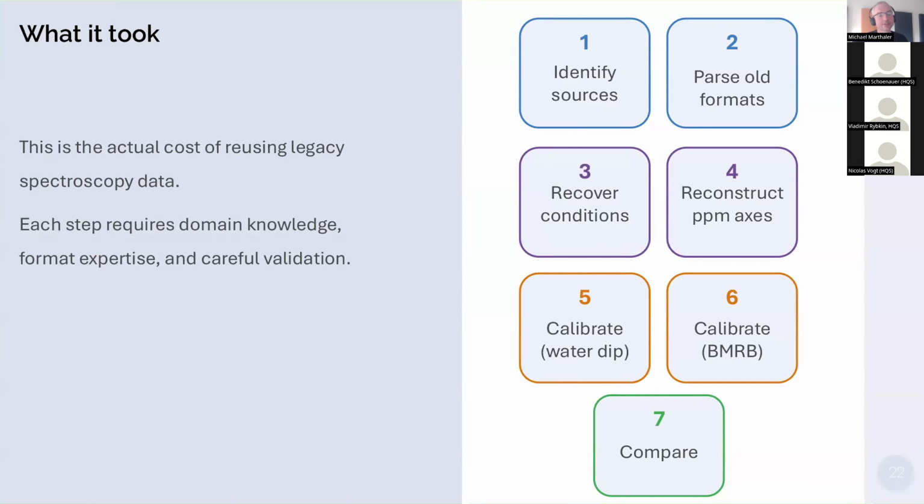Looking at the water dip, or the water peak if you had a solvent feature, can be quite important as well. And of course, if you compare to something like the BMRB chemical shifts and you look at 2D spectroscopy, you still have to pick out the structural information from somewhere else, and then at the end compare.